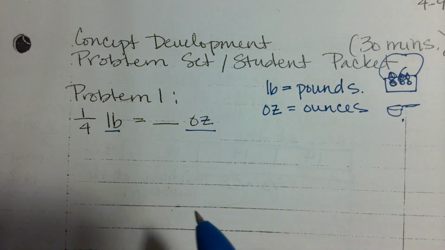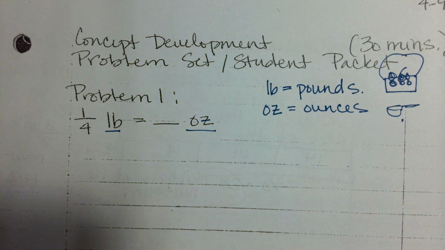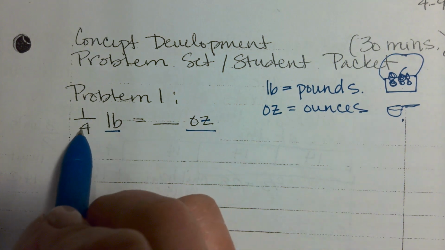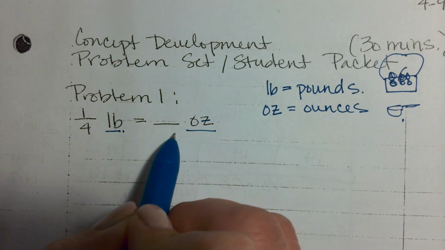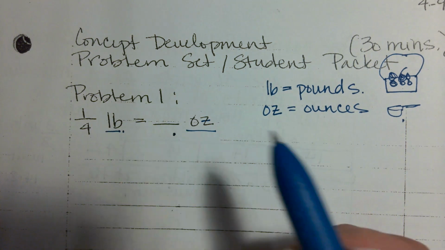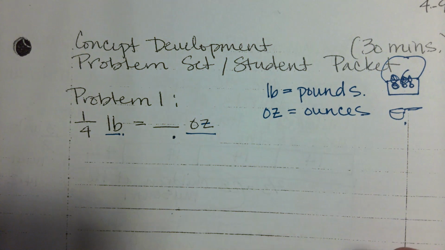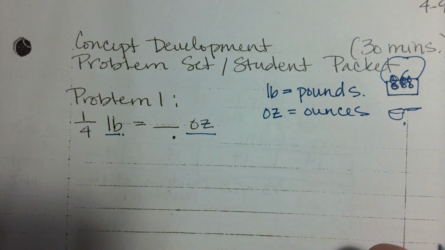All right, so we're expressing a fraction. We're going to express this fraction of a pound in a smaller unit, in ounces. So we want to find 1/4 of 1 pound.